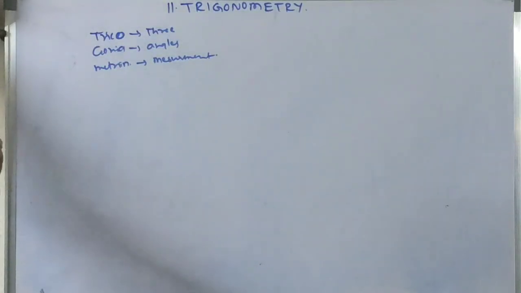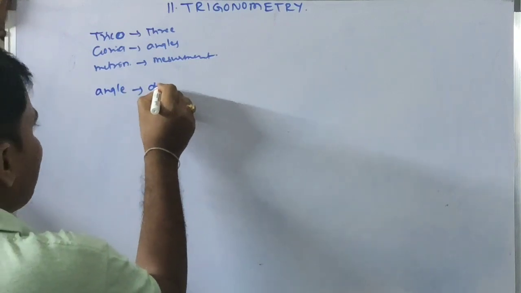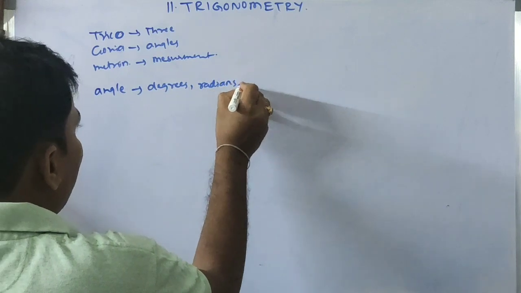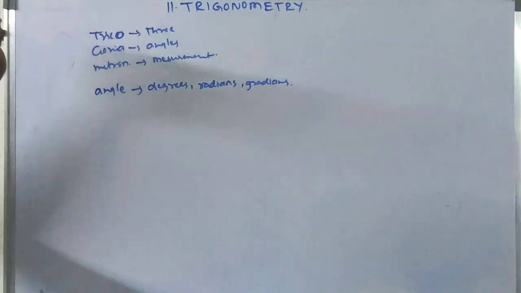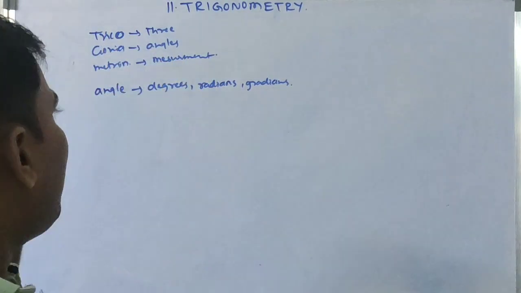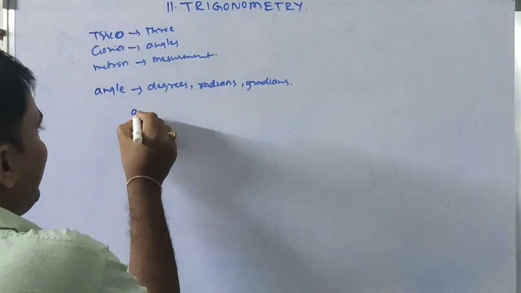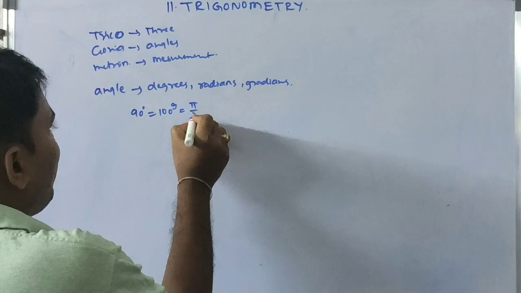Similarly, angle is measured with degrees, radians and gradients. So these are the three types to measure angle. The relation between these is: 90 degrees equals 100 gradients equals pi by 2 radians.